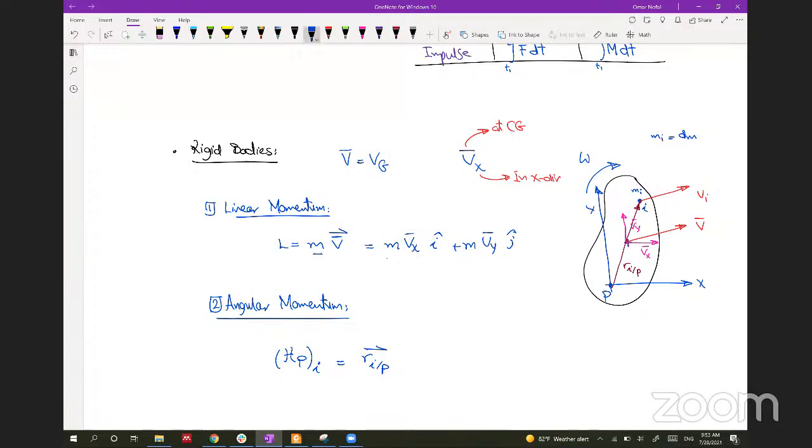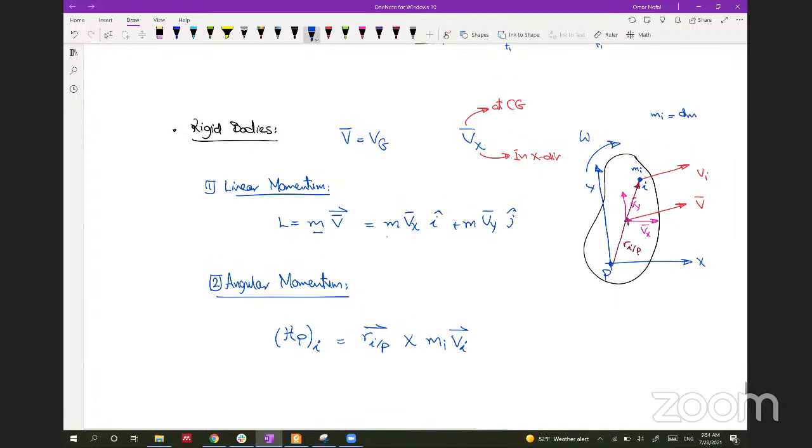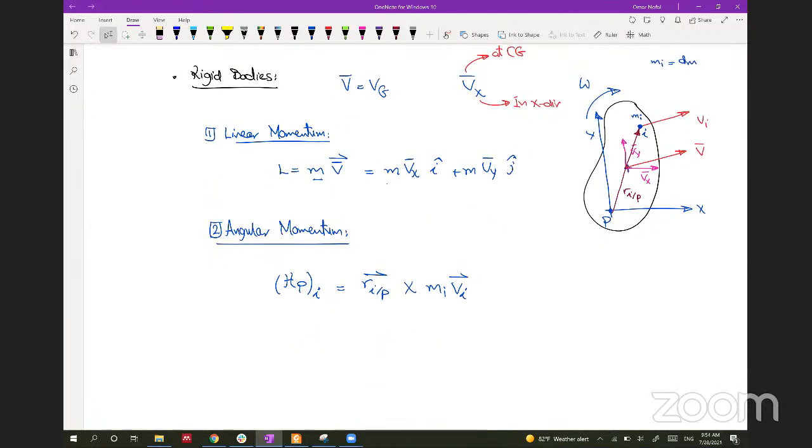Then I will cross this vector by m_i, a small mass because I'm talking about only this mass, multiplied by the velocity of this mass, and this is a vector. So this is the velocity of this small mass, not the entire body.